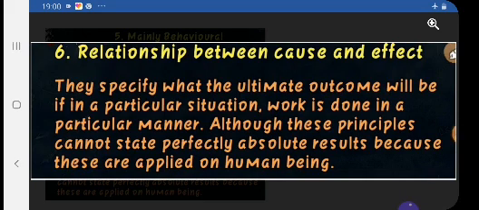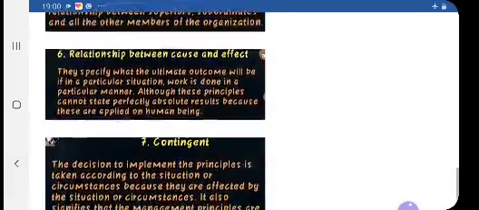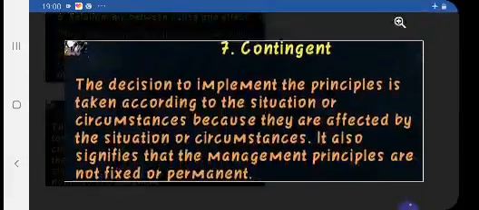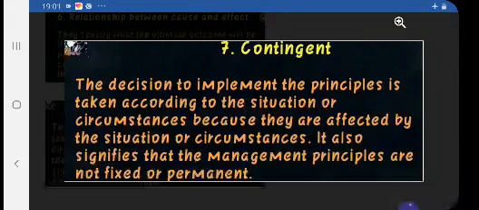So every cause has its effect, may be positive, may be negative. All the principles have causes and effects, that we will discuss in detail. But this is one of the natures of principles of management, that every principle has a cause as well as its effect too.